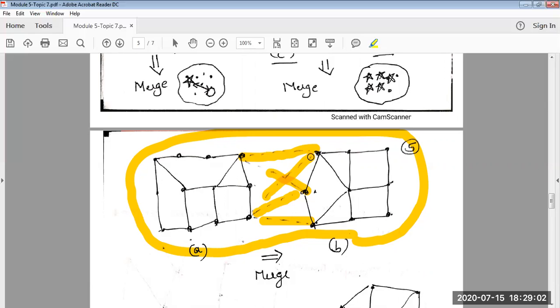The reason is the relative interconnectivity is satisfied here. Before doing the merger, whatever connectivity was there, how strong the edges were, the bonding between the points, the same thing can be retained even after doing the merger. So this is relative interconnectivity.